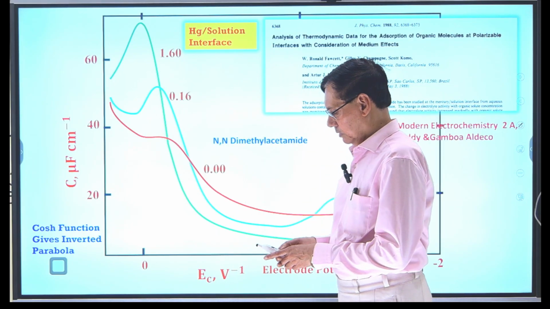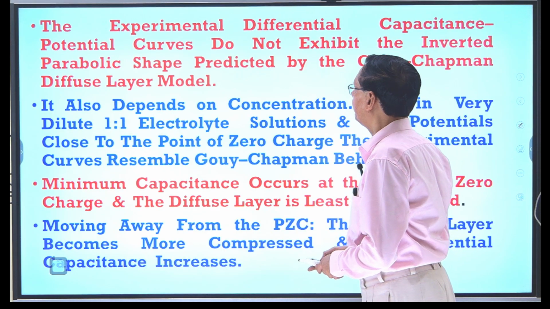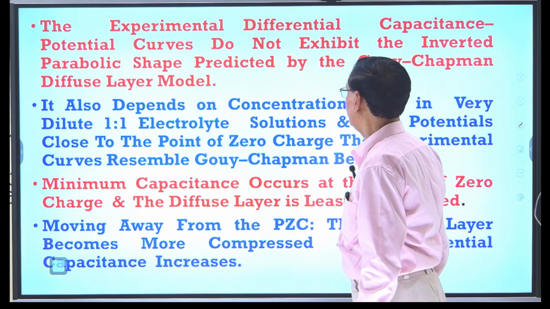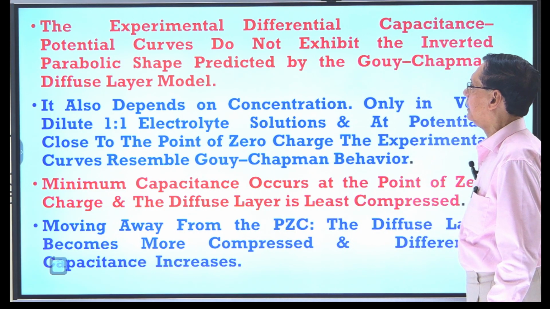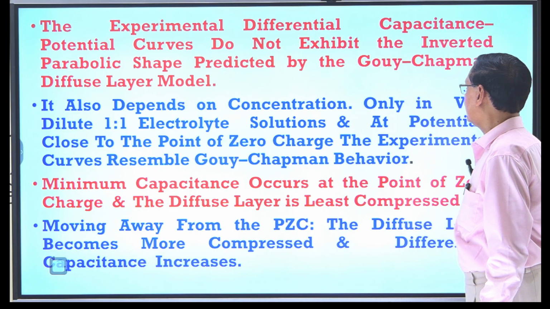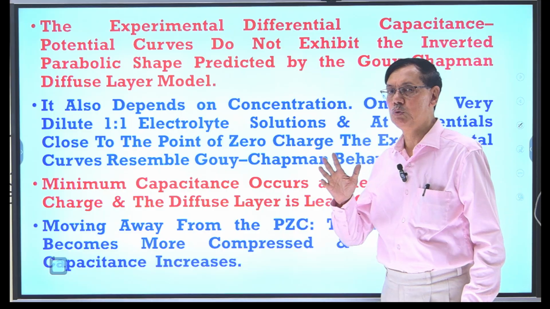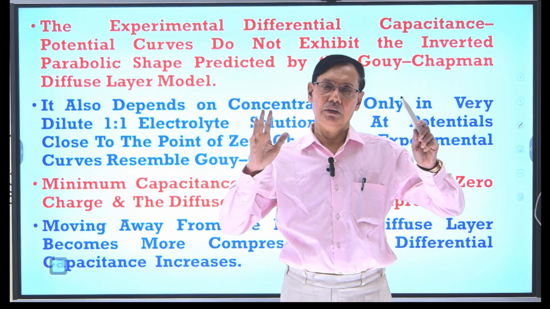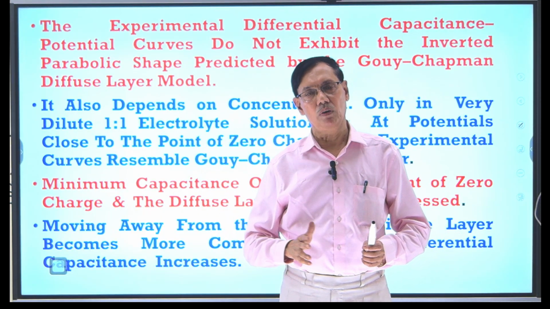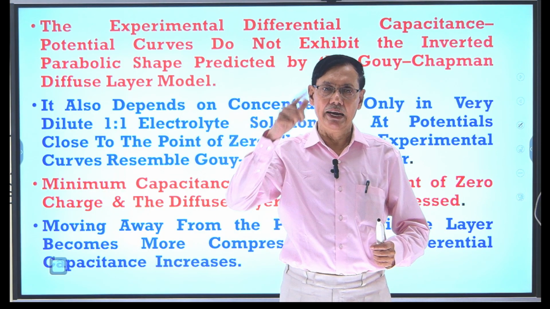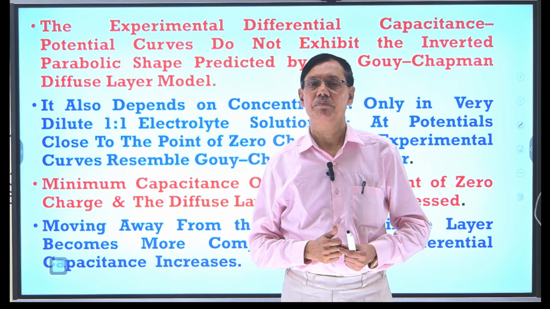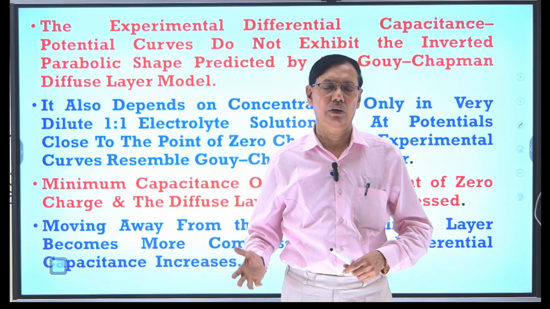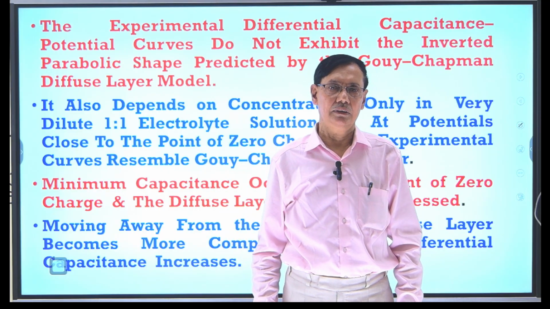So the conclusion was that the experimental differential capacitance potential curves do not exhibit the inverted parabolic shape predicted by the Gouy-Chapman diffuse layer. What does it mean? It means that if the equation follows the Gouy-Chapman model, we must get, whatever the concentration, whatever the electrolyte, univalent or divalent, an inverted parabola.